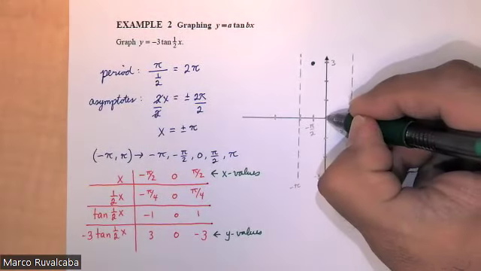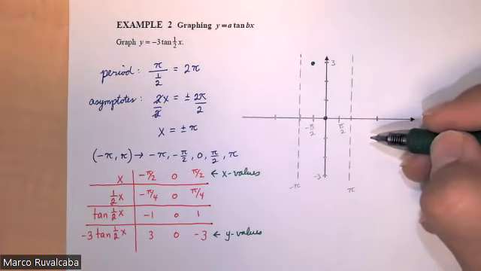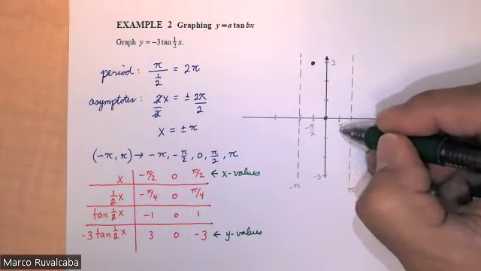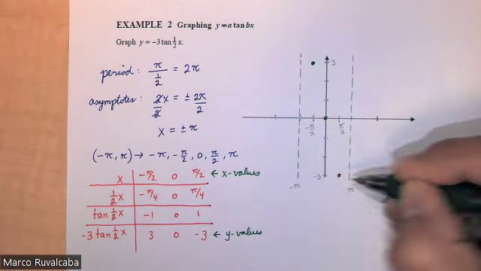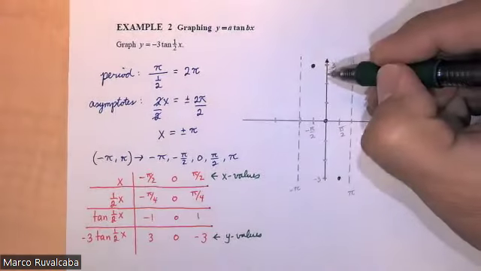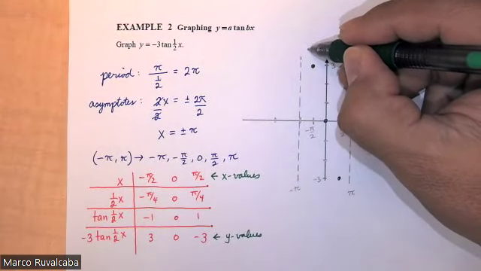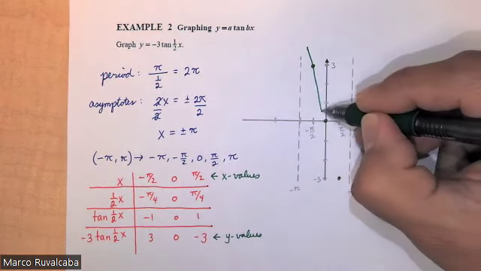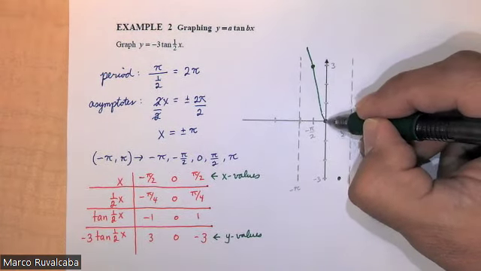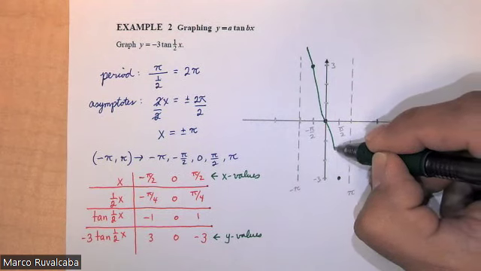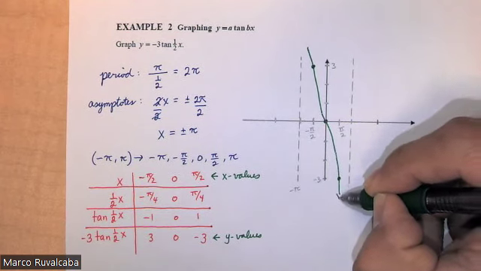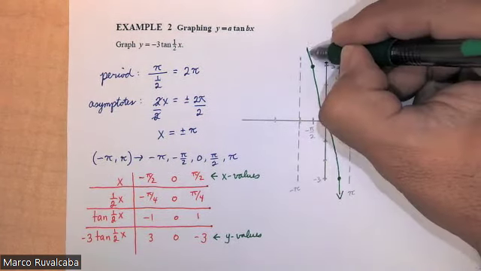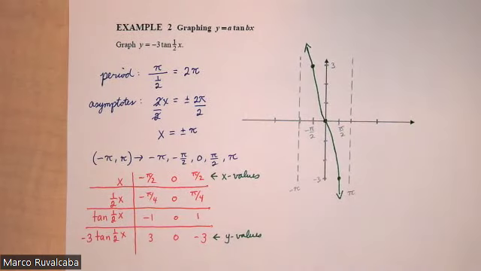And then 0, 0. And then pi halves, -3, so about right there. And so something like that.